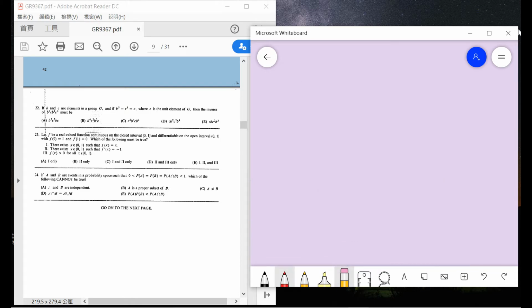Okay, 24 is a tricky problem, which took me about 5 minutes to think about which one is correct. 24 tells you that A and B are events with P(A) and P(B) non-zero, and the special case is when the probability of the intersection of A and B is smaller than 1.